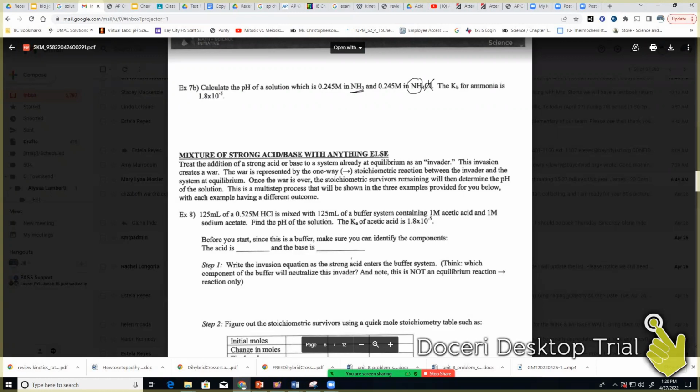So if I wrote my equation, I would have my NH3 plus my H2O giving me my NH4 plus, and remember that what I need as a buffer is coming from the salt, plus my OH minus. It's a base, so we've got to have some hydroxides whenever we make that.